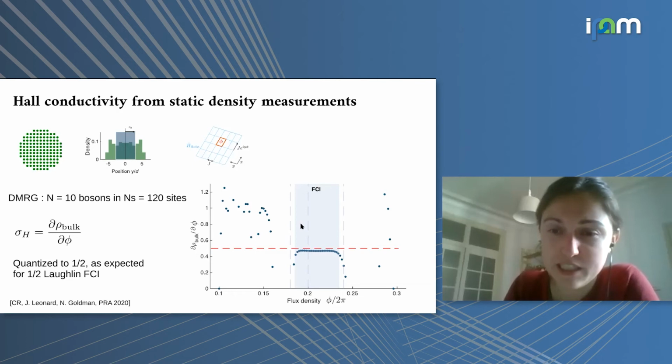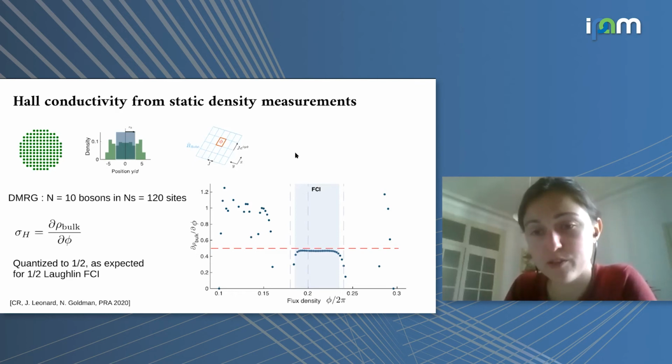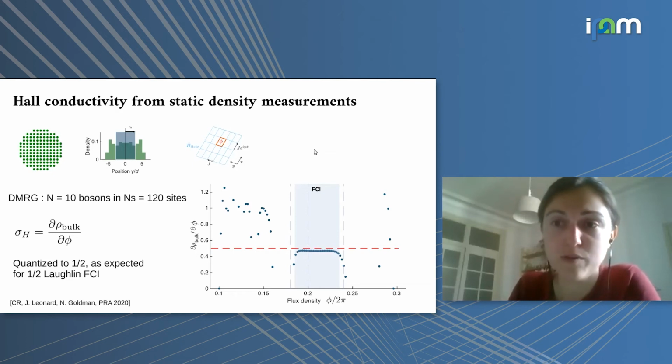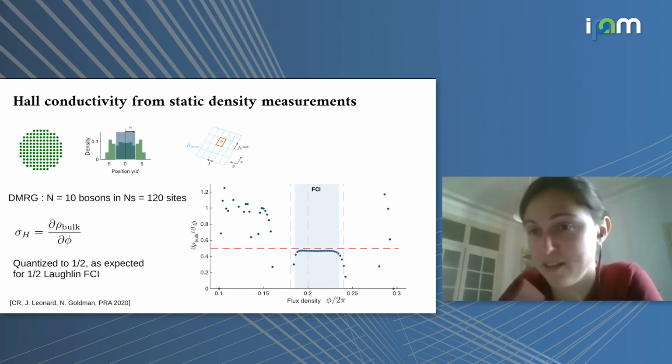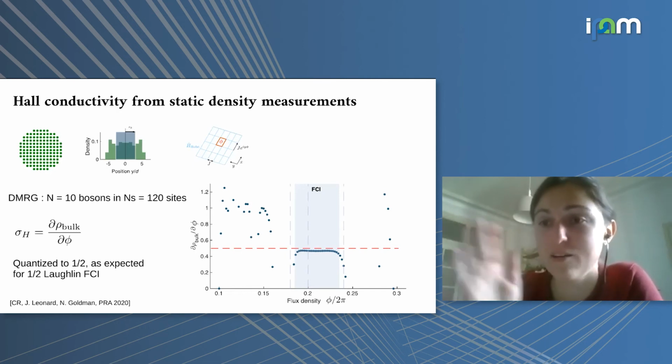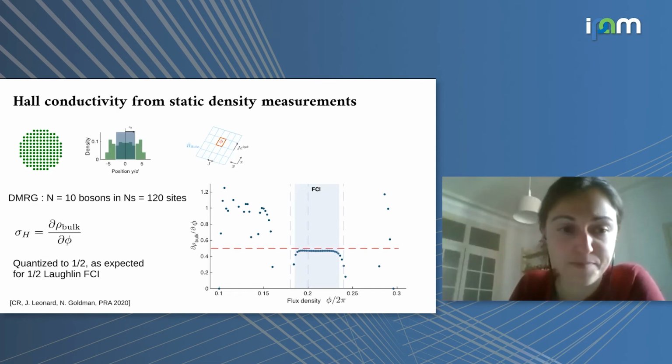It's important that it's close to 1/2, but also that it's quite robust, that you have many values of phi where you have this plateau, because it's a good indication of a phase which is really here and not just an artifact of your Hall conductivity somehow going through the value 1/2.